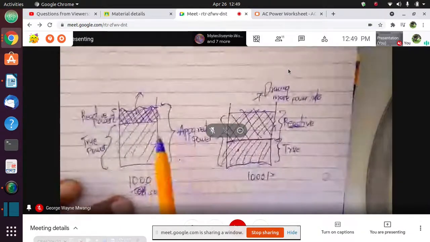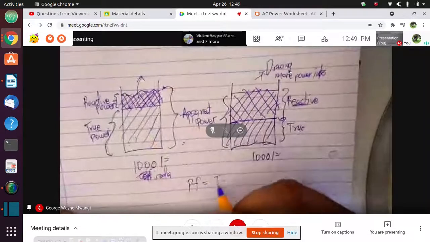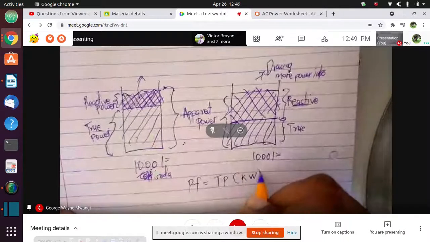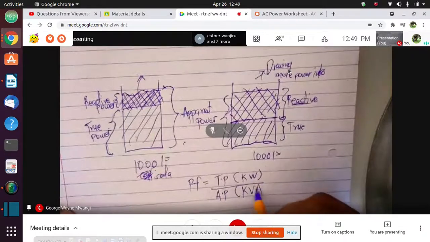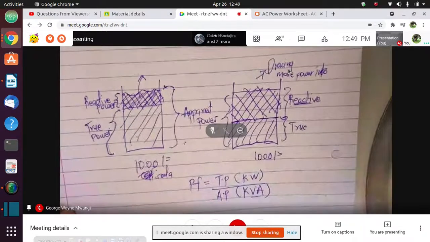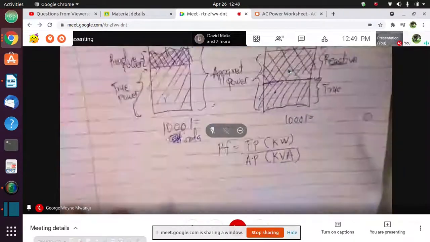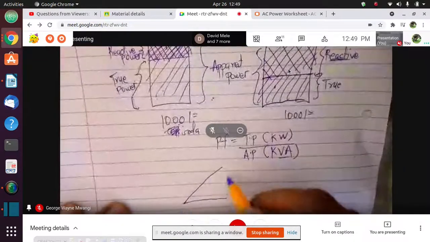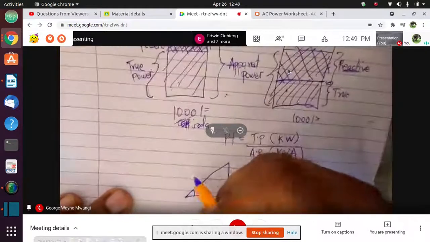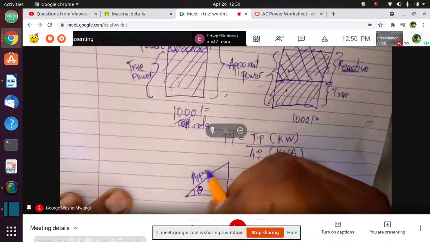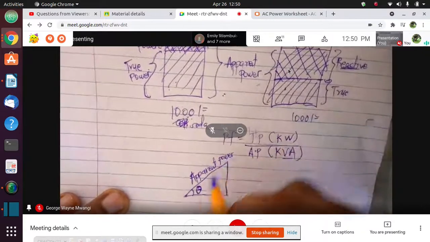Now, we have seen that power factor is true power in kilowatts or watts divided by apparent power, which is in volt amperes or kilovolt amperes. If you represent this in terms of a triangle, there is something called the power triangle. You'll find that the power factor is this angle, and this is the apparent power or the total power being supplied to you by the supply company, your distributor.